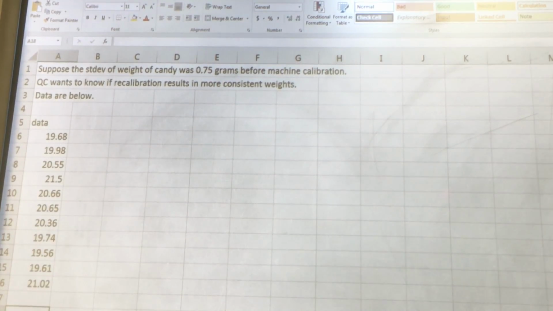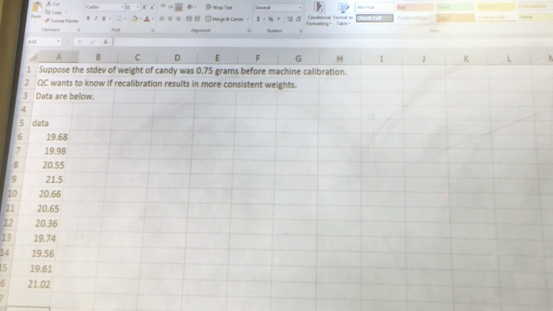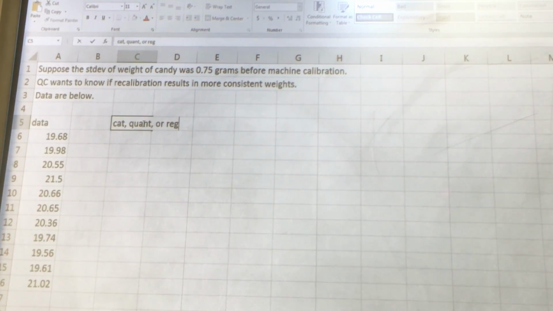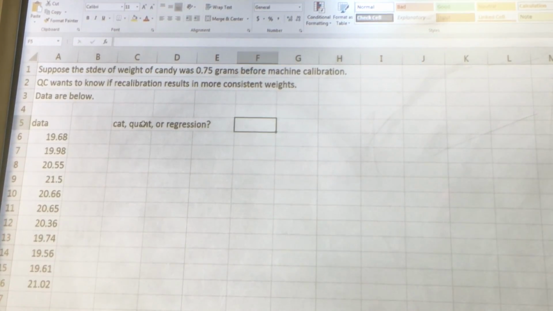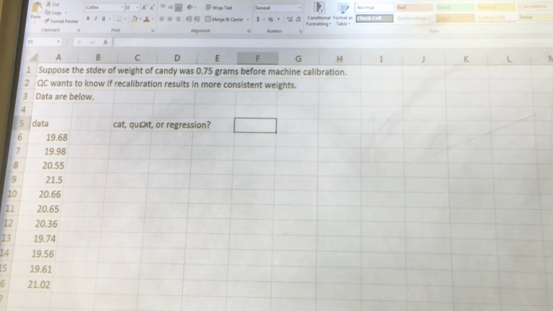All right. So the first question is what? Categorical, quantitative, or rejection? Answer is quantitative. Okay.